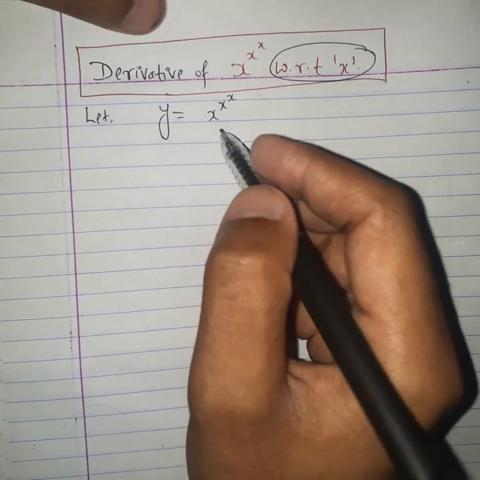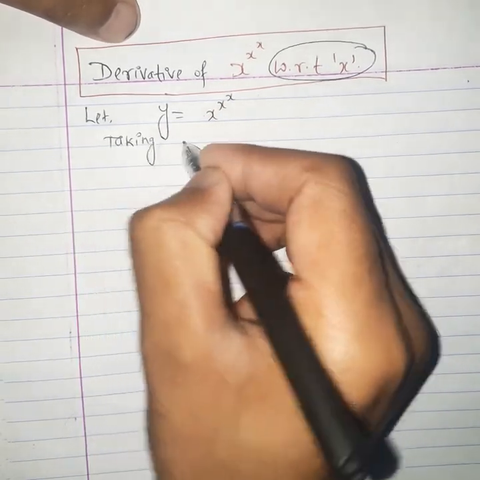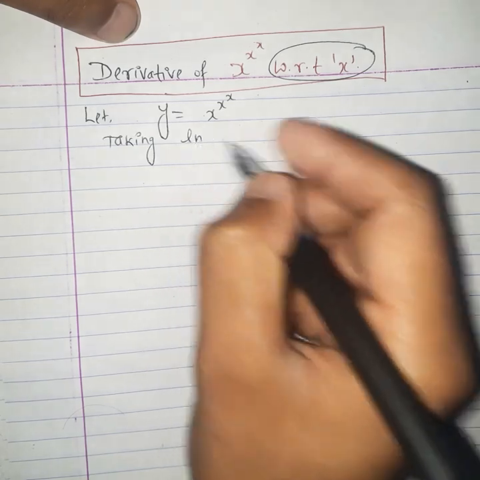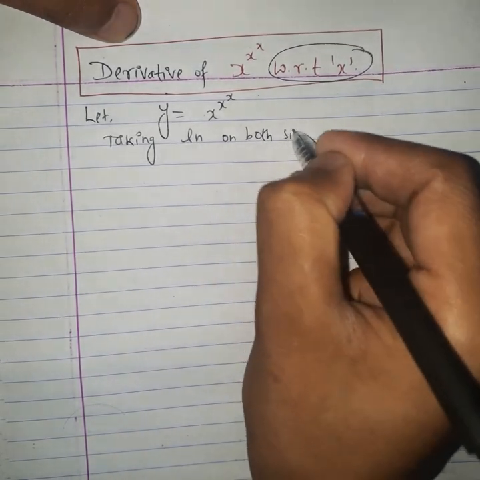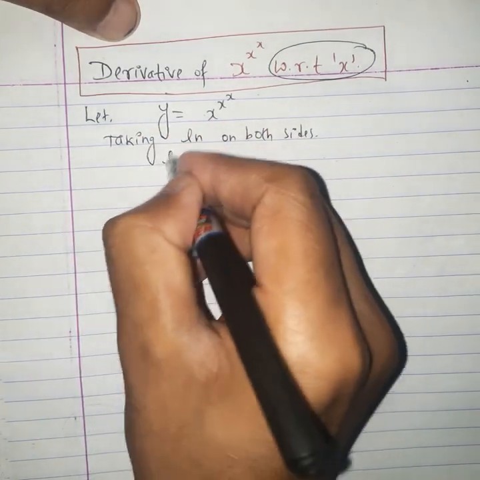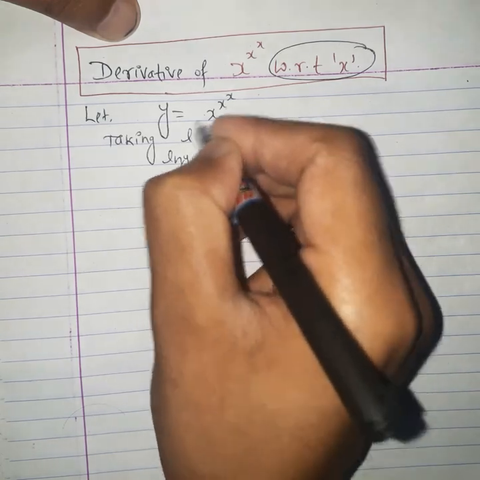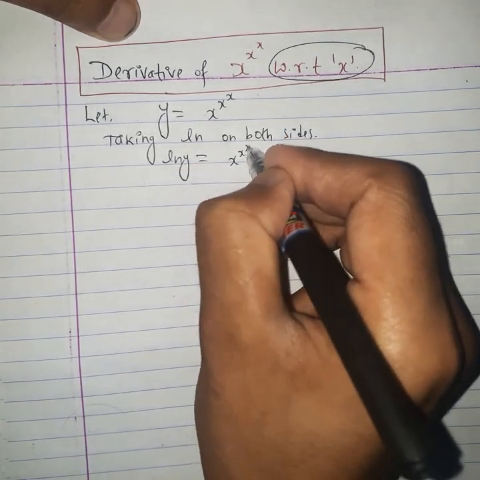Let's take the natural log on both sides. First step is taking ln, just natural log, on both sides, and our expression will be ln of y equals ln of x to the power of x raised to the power of x.